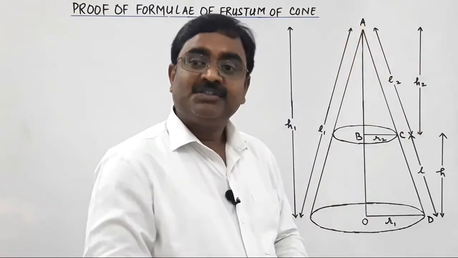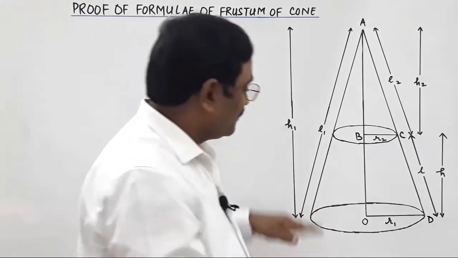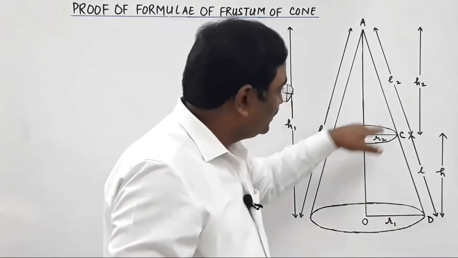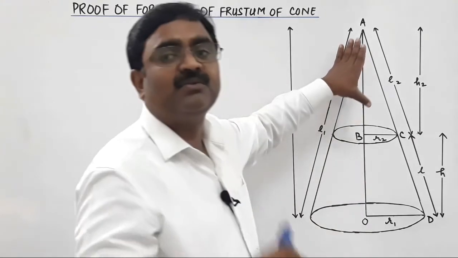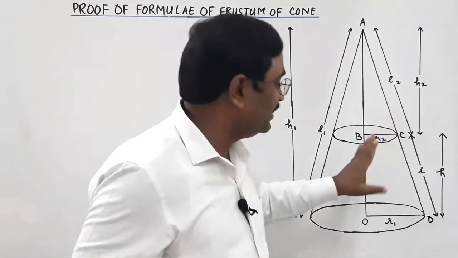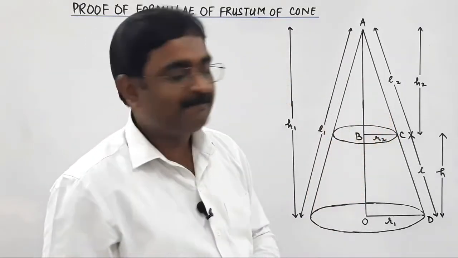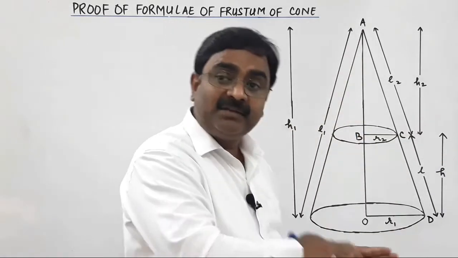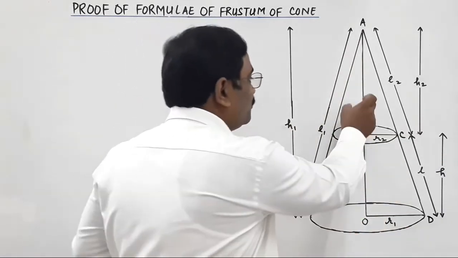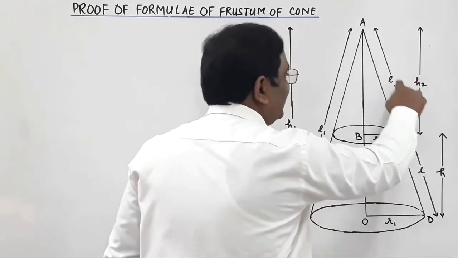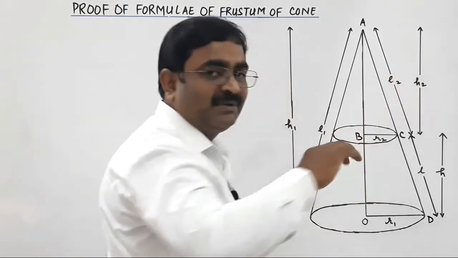cone. When we cut it parallel to the base of this cone from here, we got a smaller cone. And after removing this small cone, we get the frustum. So after cutting it with the plane parallel to its base, this smaller cone has height h2 and slant height l2, right?